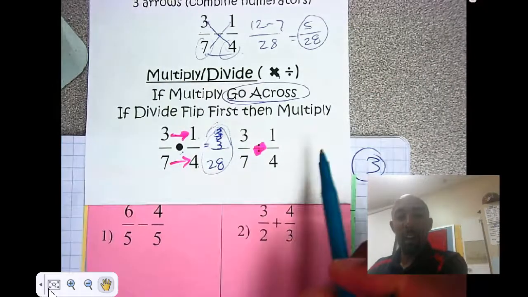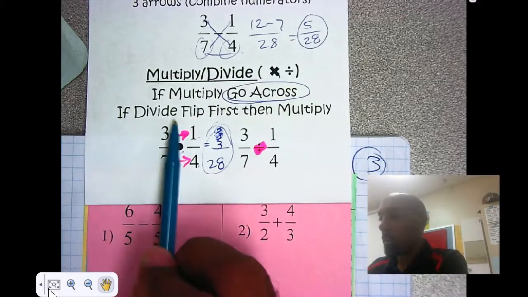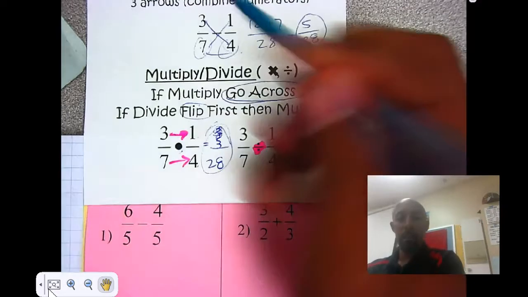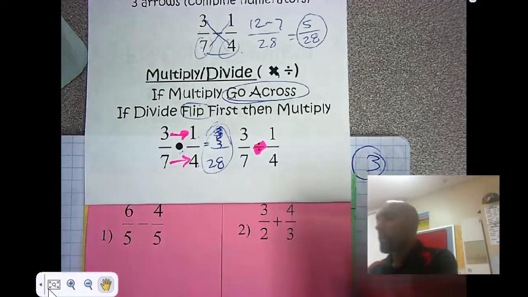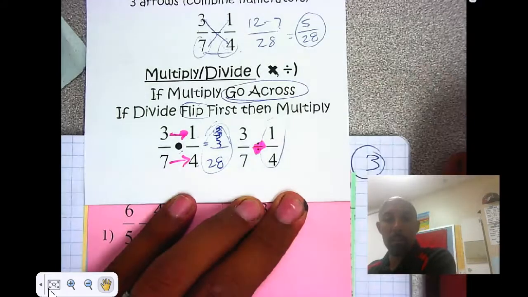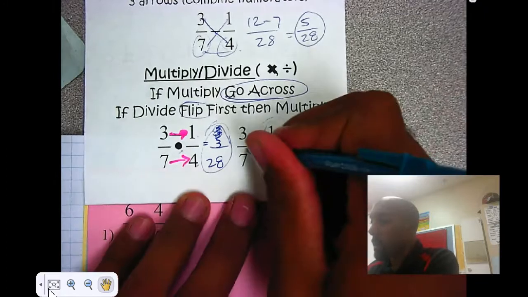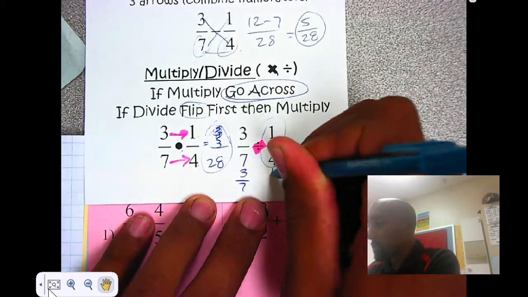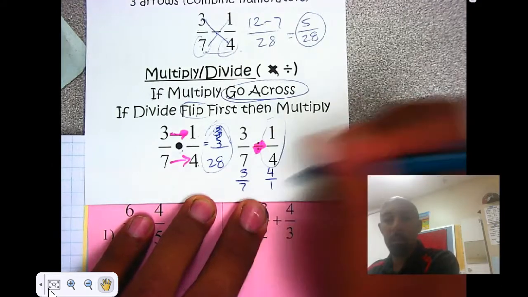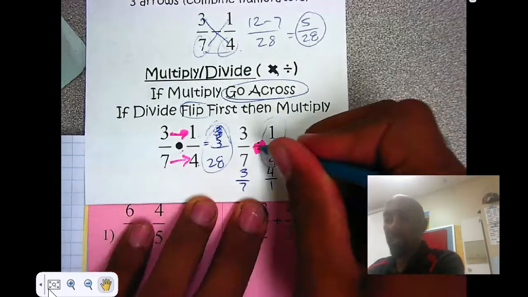Alright, so now, what if you have divide? Okay, if it's divide, first you're going to flip. Flip means I'm going to switch the numbers on the second one. So first I flip these two numbers. The 4 goes to the top, the 1 goes to the bottom. This is only if it's divide.